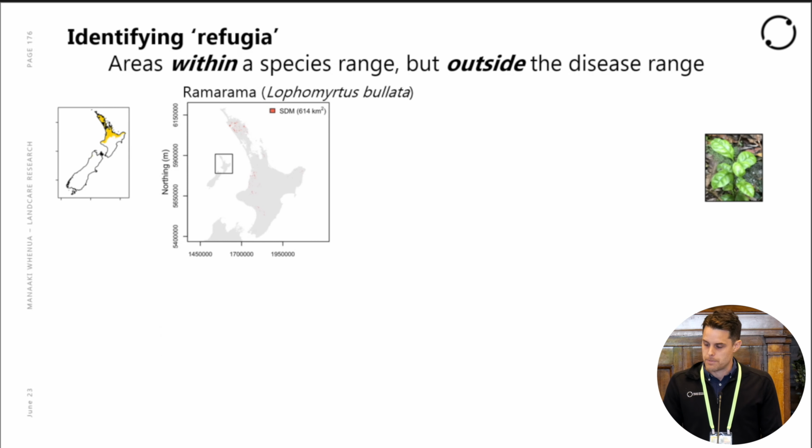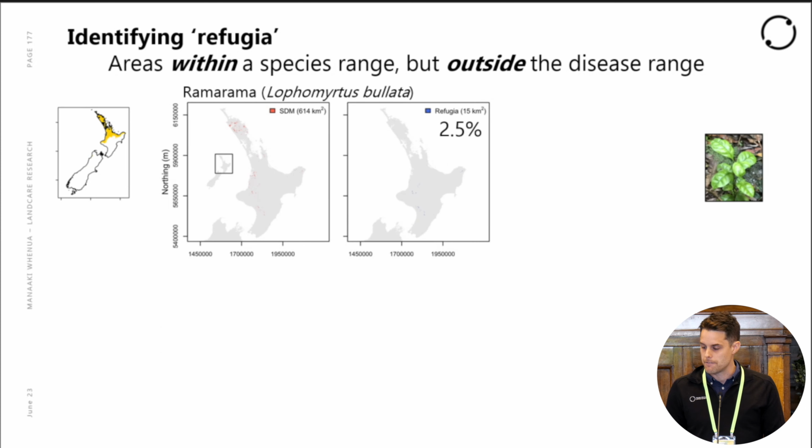We calculated that this species has a range of about 614 kilometres squared, of which only 15 kilometres squared, or 2.5%, occurs outside the disease range for the scenario that I'm presenting on at the moment, which is the map with the yellow to the left. So not very much, and even under that optimistic scenario that I was talking about.